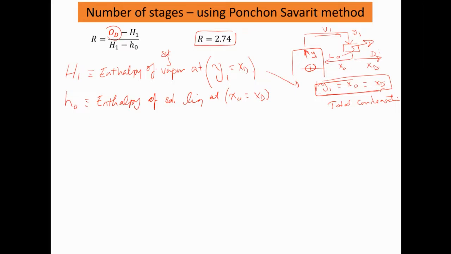Where do we get the H1 and H0 now? What do you think we're going to have, or how are we going to be able to determine H1 and H0? Any idea, guys?